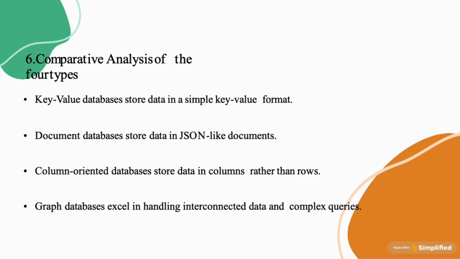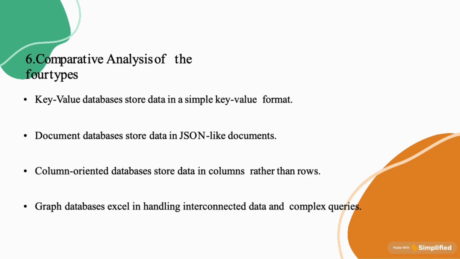Thirdly, column-oriented database storage is in columns rather than rows, optimizing for analytical queries but may be less efficient for transactional operations, which can be in real time. Fourthly, the graph database excels in handling interconnected data and complex queries, making them ideal for applications requiring deep relationship analysis.